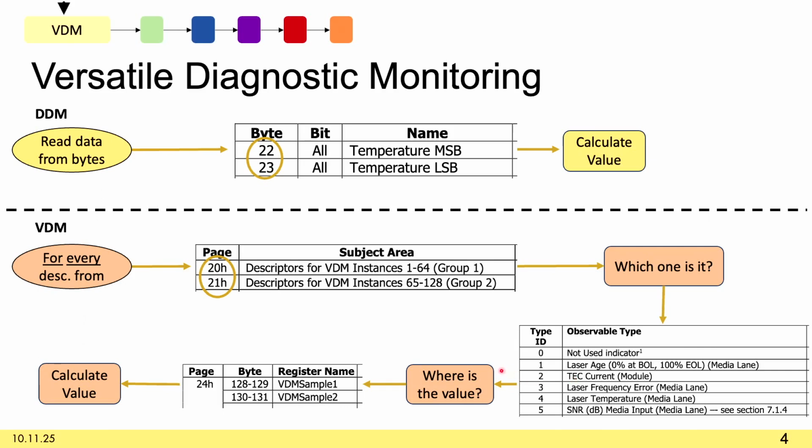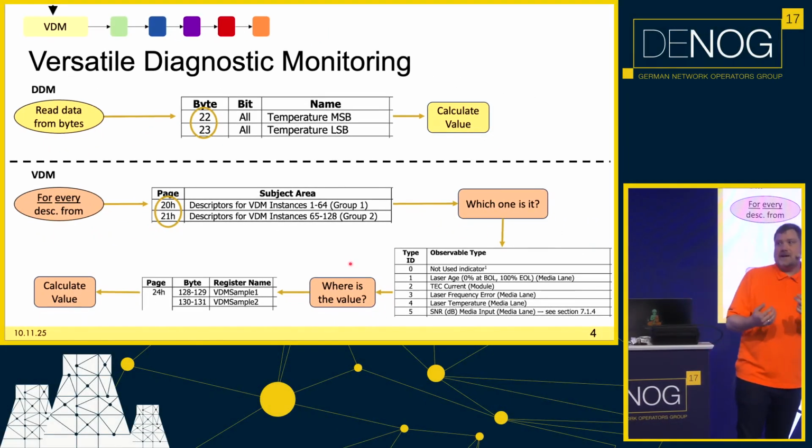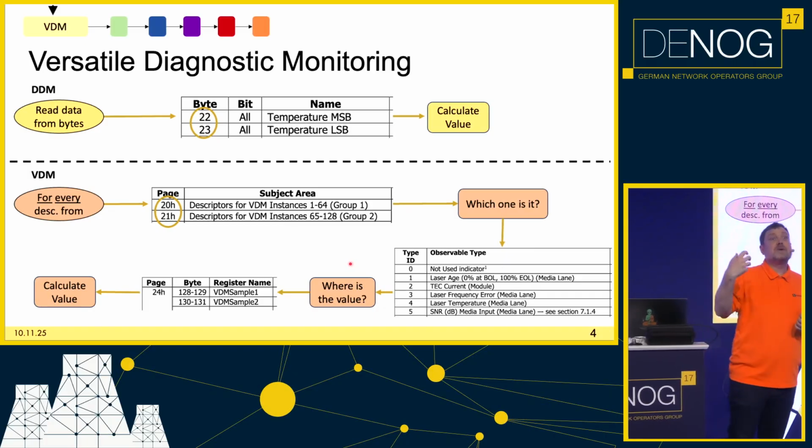The advantage of this versatility, even though it's a bit more complex, is that now the manufacturer has the opportunity to advertise what it really supports, what features are supported. It's not the successor to DDM, it's an extension. DDM still exists, but with that you can finally read out what the manufacturer provides.